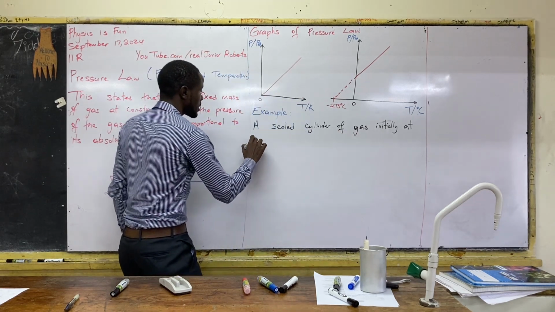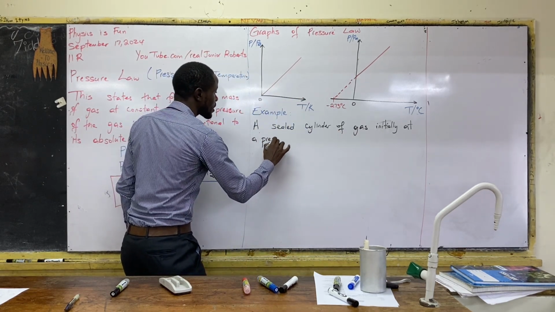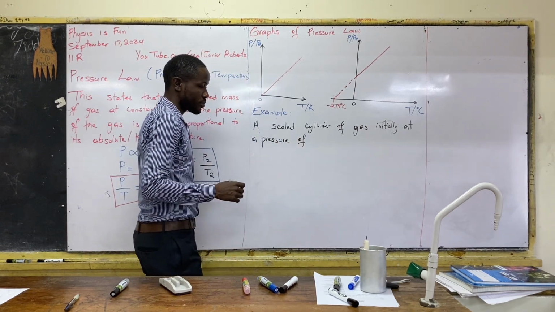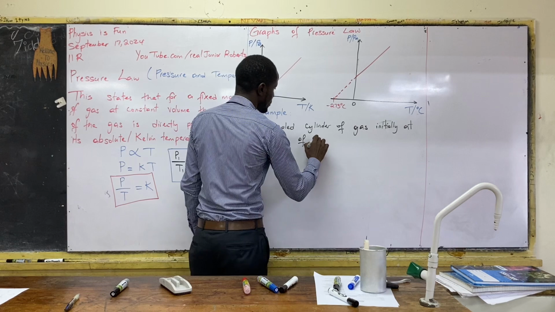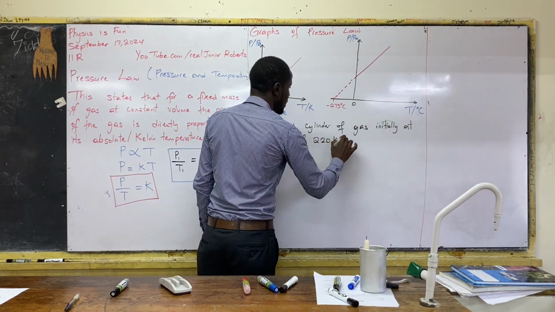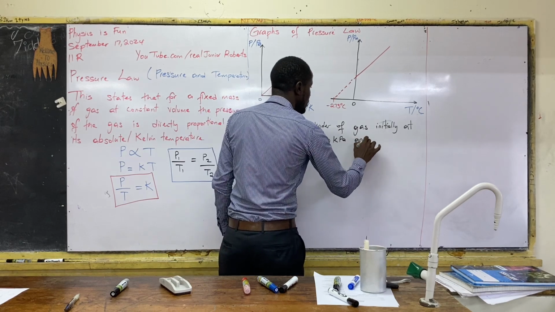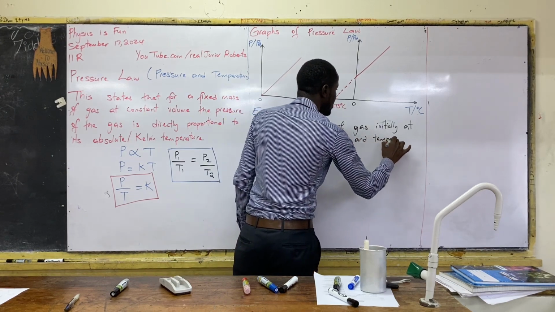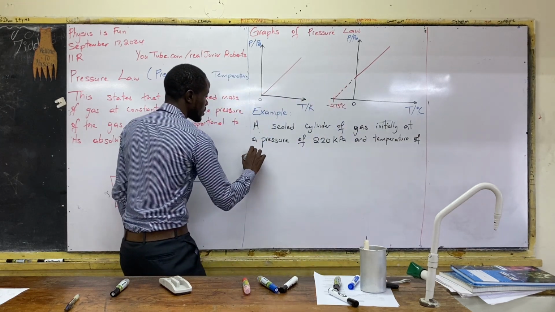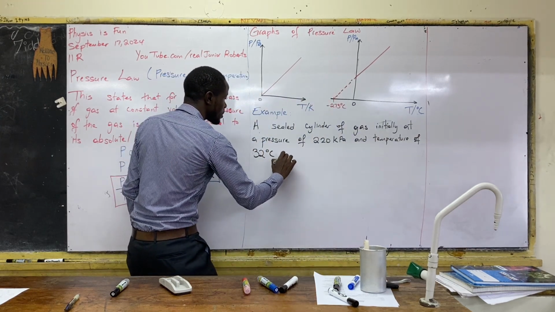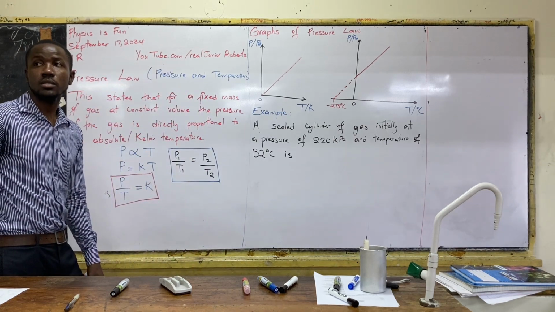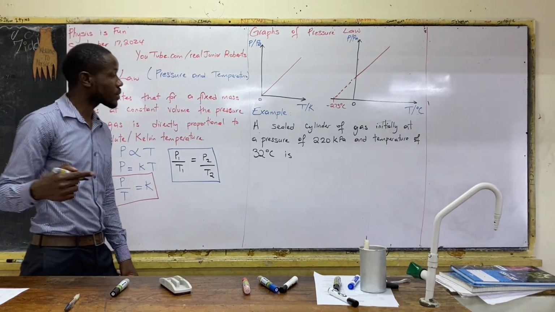Initially at a pressure of, quiet down guys, a pressure of kilopascals and temperature of, let's say the temperature is 32 degrees Celsius, is heated to 100 degrees Celsius. Students, we want to be taking down the example.